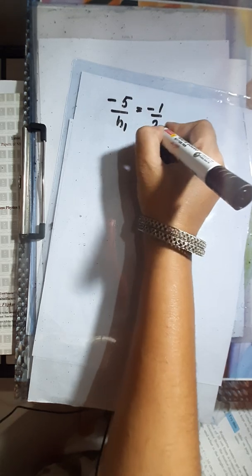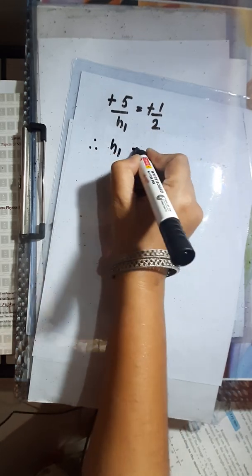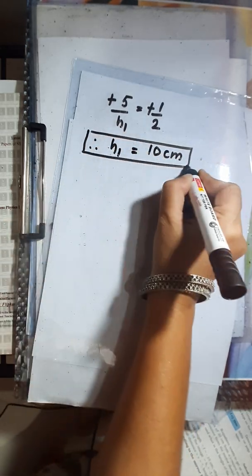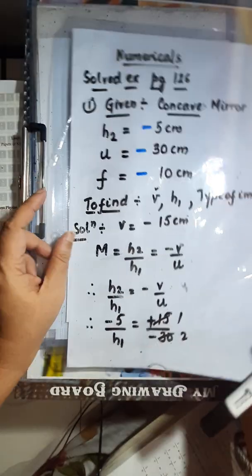Now I'll cancel this negative and negative sign and I'll cross multiply. 1 into H1, H1 is equal to 2 5s are 10 centimeter. See, my height has come as positive. Height can never come negative. Height has always to come as positive. So this is my H1, which is equal to 10 centimeter.